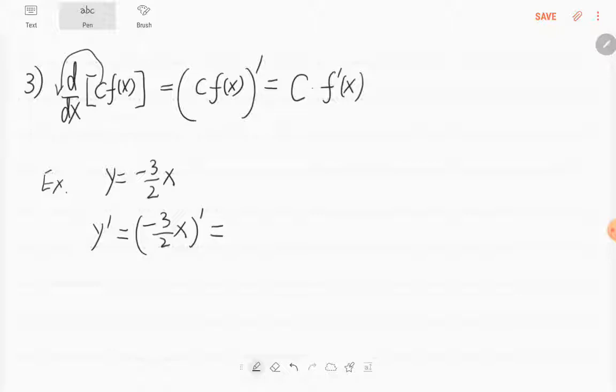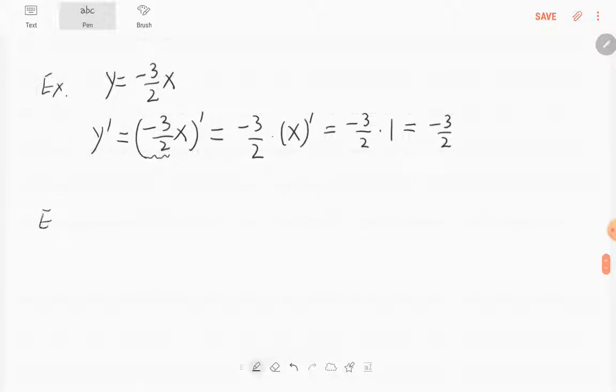From this definition, we can bring out this constant -3/2, then times the derivative of the rest, which is x. From the power rule, we know the derivative of x equals 1. So the result is -3/2.